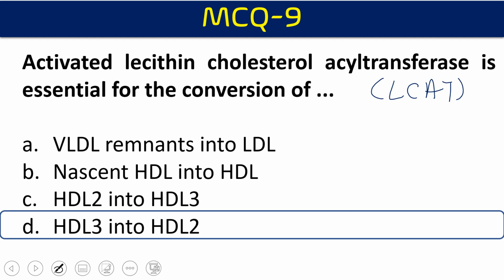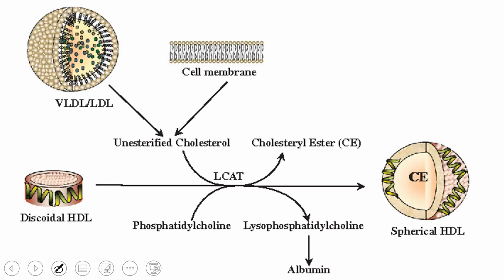What is LCAT? Normally this LCAT is involved in the metabolic process of HDL. So the plasma enzyme LCAT, lecithin cholesterol acyl transferase, is going to catalyze the esterification of free cholesterol present in the extrahepatic tissue and transfer it to the HDL.